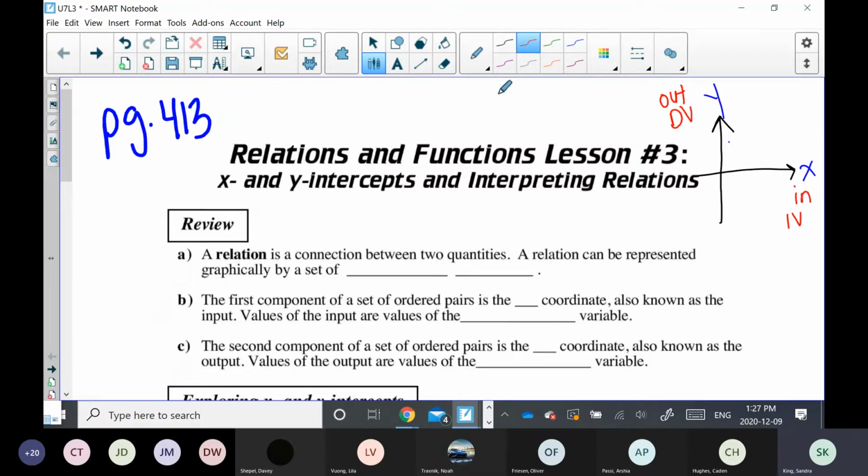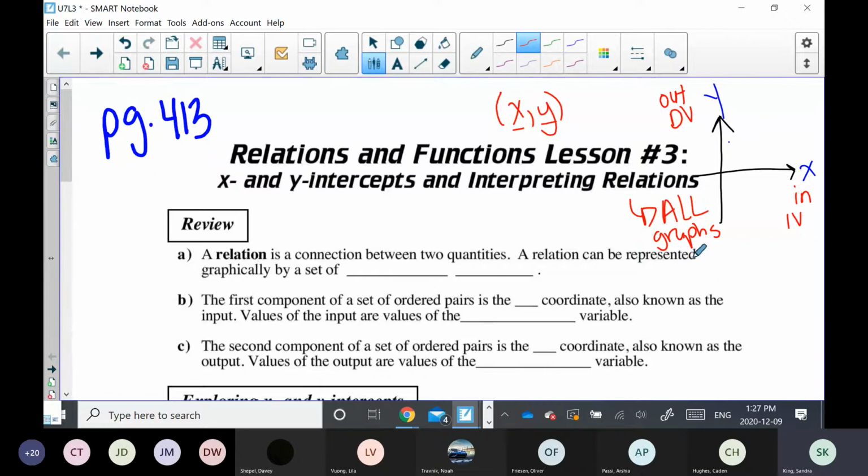And then remember, we have something called an ordered pair, and ordered pairs are x comma y. All graphs are relations.